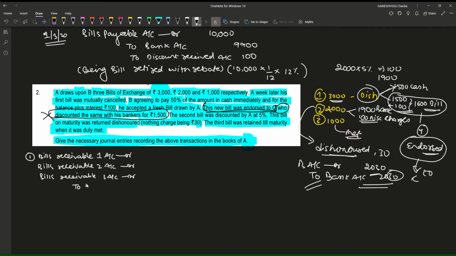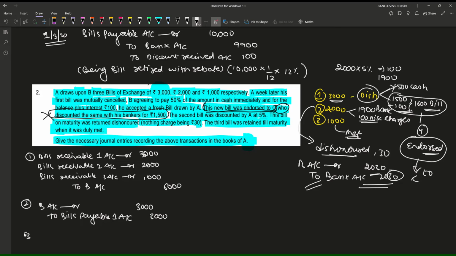to B account 3000, 2000, 1000, total ₹6000 there. I'm not going to write narrations. What happened? The first bill has been dishonored, so B account debtor to bills receivable 1 account for 3000 rupees.